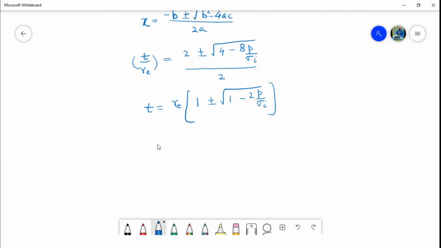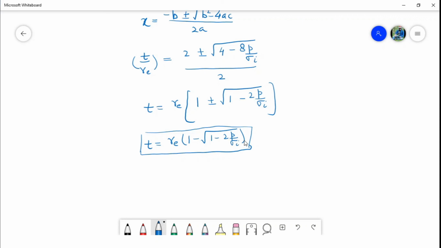So t is equal to Re times (1 minus the root of 1 minus 2P over sigma I). This will be the value of thickness. This is how we can calculate thickness.